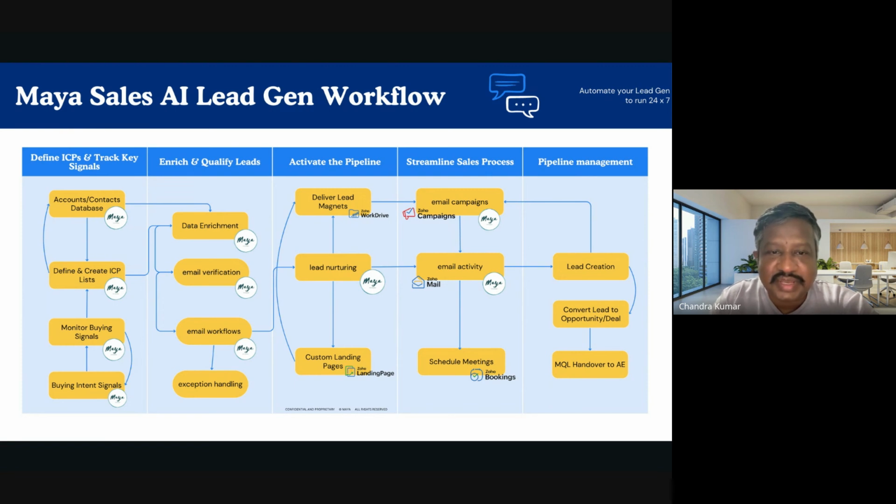However, I hope this gives you a high-level overview of what the Maya Sales AI lead gen workflow looks like. So thank you, and I look forward to working with you in ensuring that your lead gen is completely taken over by artificial intelligence and you reap the benefits of a much more cost effective workflow, which is highly streamlined and with much lesser managerial control or overhead.